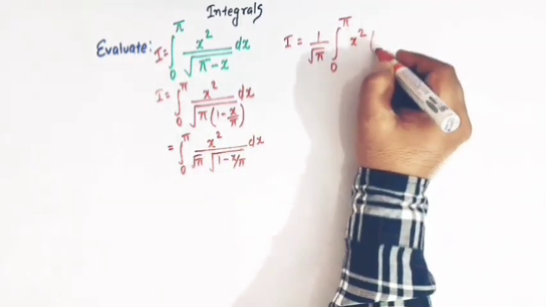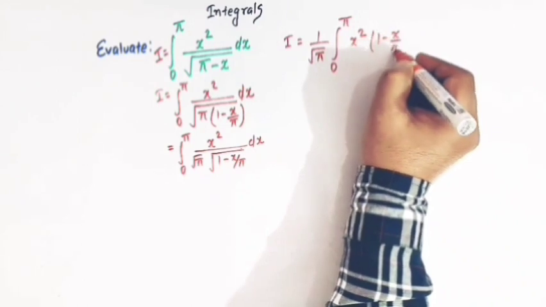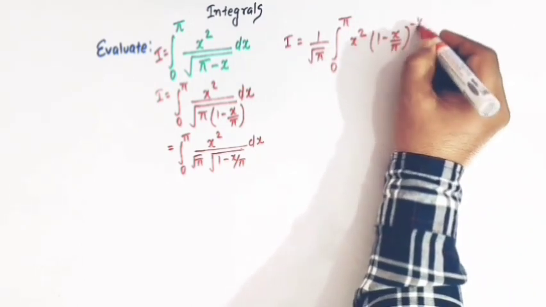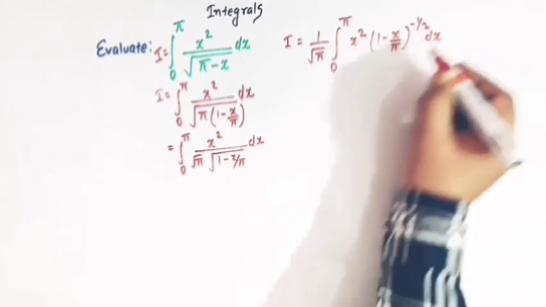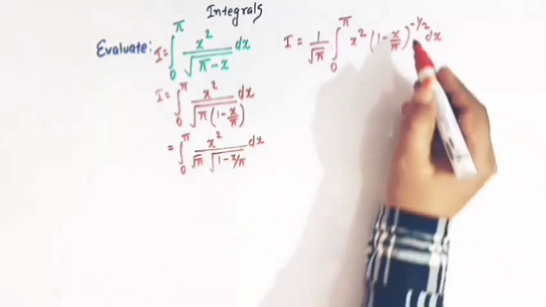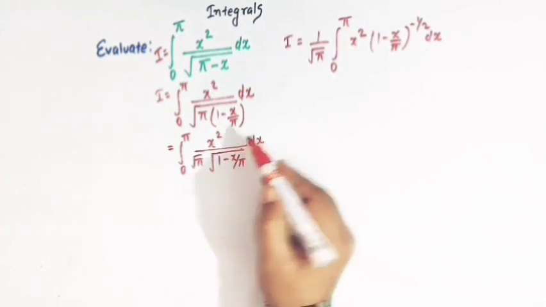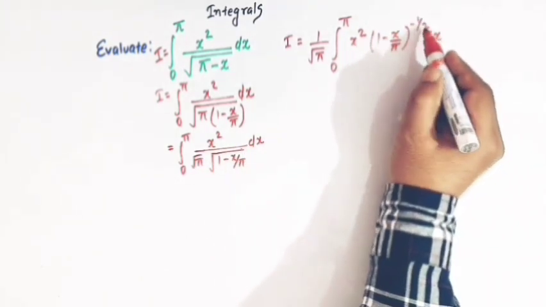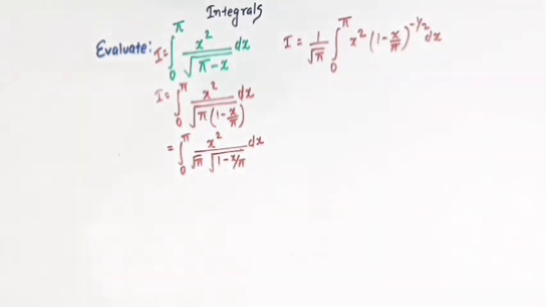So we can write (1 − x/π) raised to −1/2, because this is a square root, which is a power of 1/2, so we can take it to the numerator. So this is −1/2.